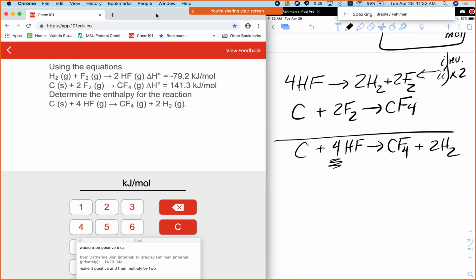And then your value is going to be plus 79.2 times 2. And then, are we doing anything to the second equation? Would we also reverse it and divide by 2? Are you reversing it? I don't think so.